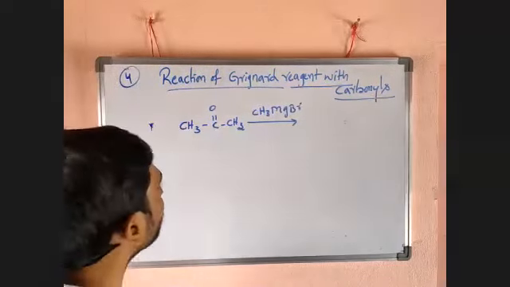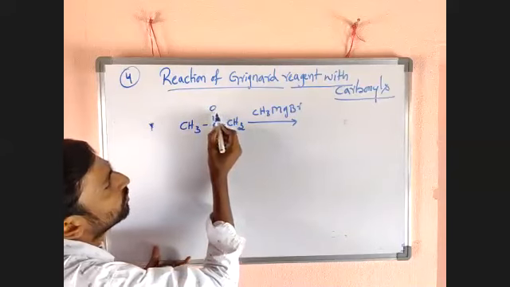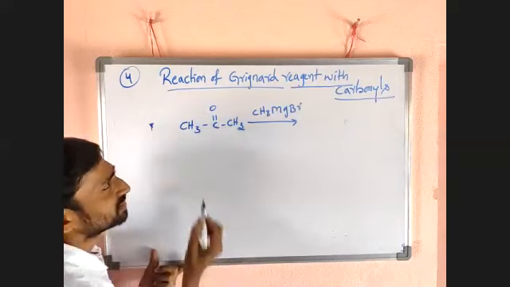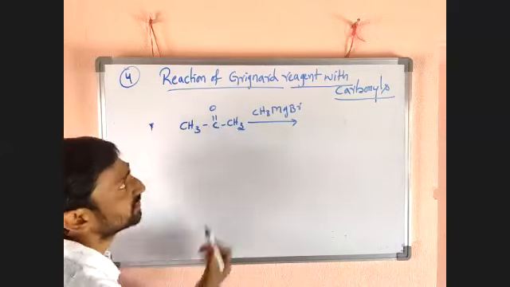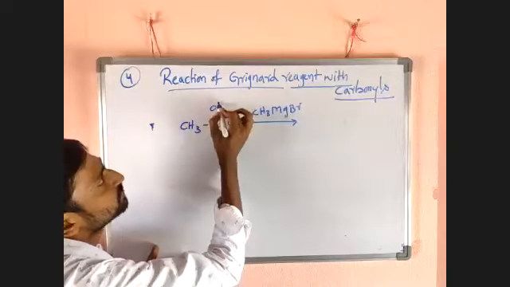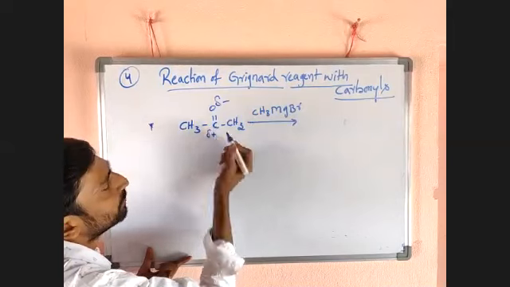I told you, guys, it is important: in C=O, oxygen is more electronegative than carbon. That's why oxygen gets a partial negative charge and carbon gets a partial positive charge.